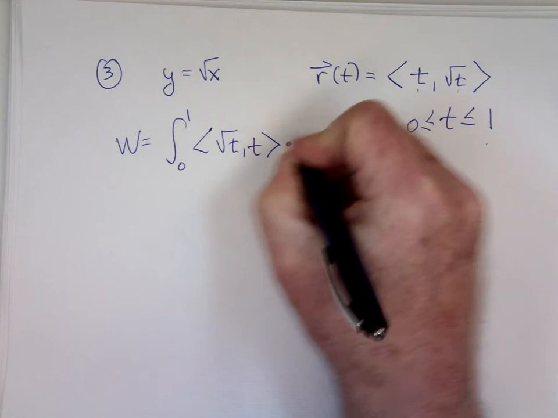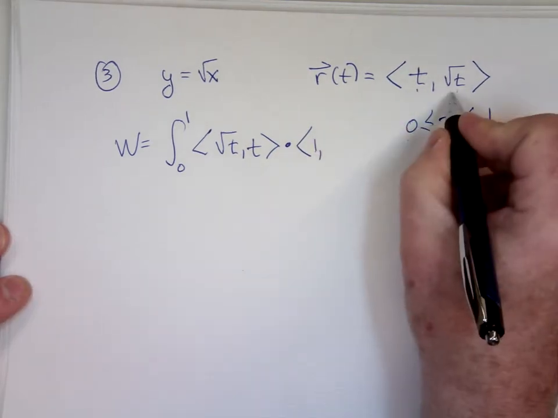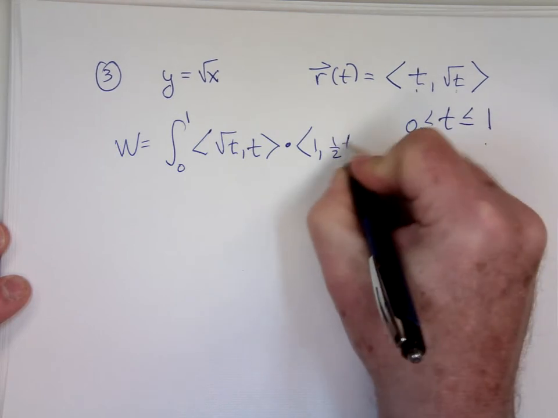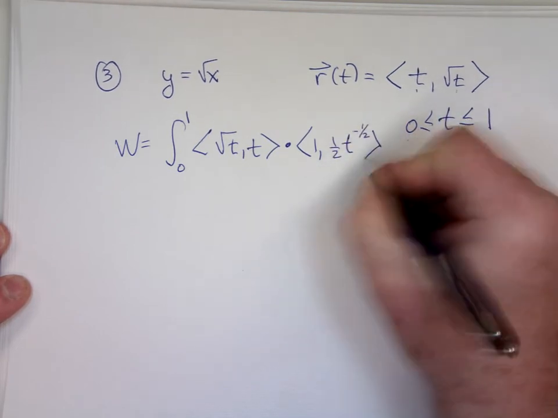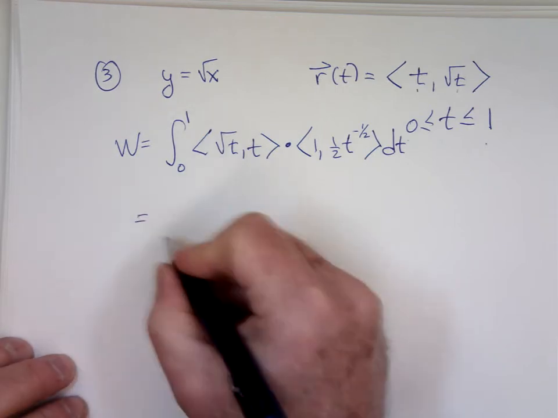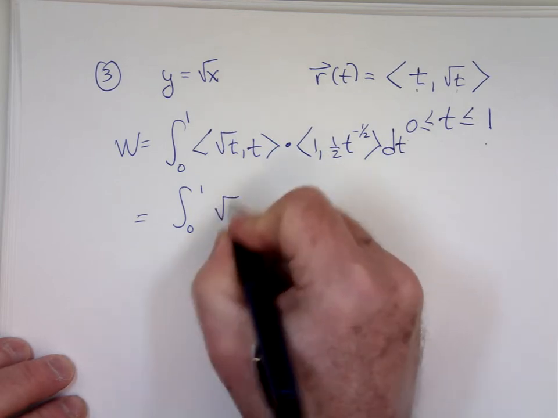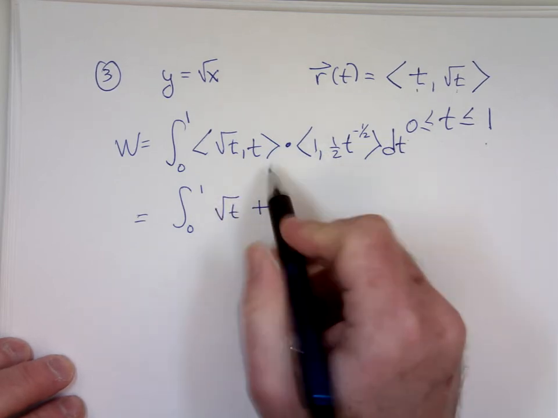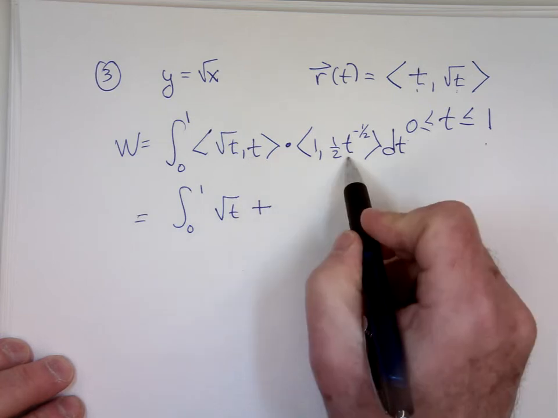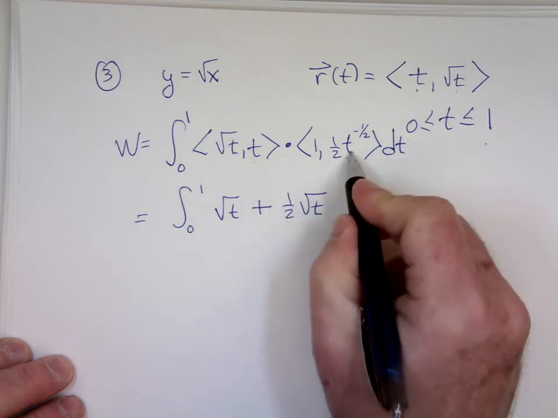r prime is 1 and the derivative of this is 1/2 t to the negative 1/2. Oh man, this is not good. So the work is the integral from 0 to 1 of square root of t plus 1/2 square root of t. When you do this dot product, you get the 1/2 times this.